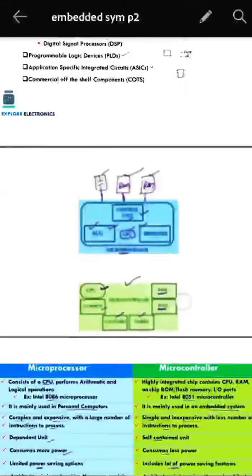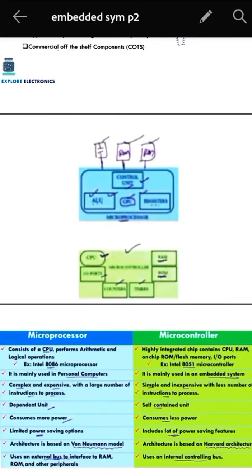Then see what are the differences between the microprocessor and microcontroller. First difference: the microprocessor consists of a CPU, which performs arithmetic and logical operations. An example is the Intel 8086 microprocessor.